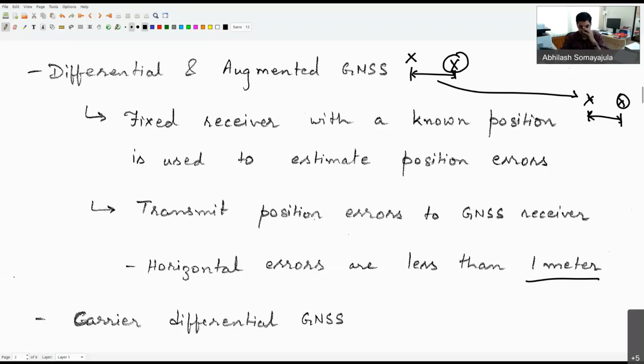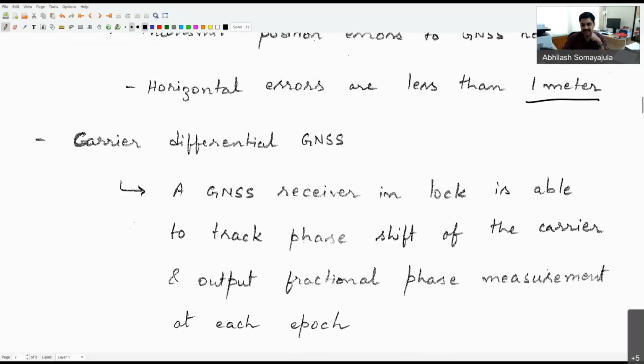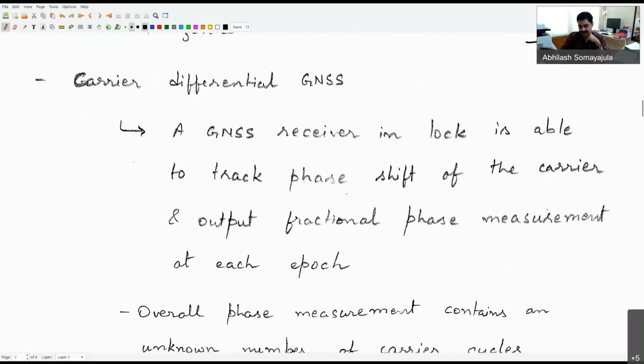So this carrier differential GNSS is based on the idea that we are able to track the carrier wave which is coming in. We are able to track the phase difference in that carrier wave as the vehicle is moving. Because of the phase difference, you can also determine how far away I am.